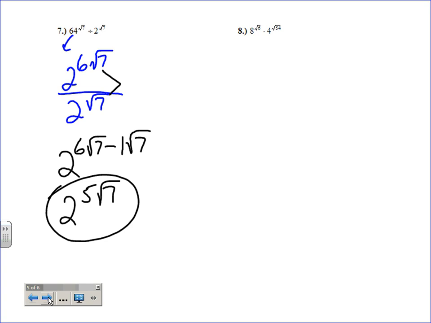What base did you get to? Pardon the pun. 2.